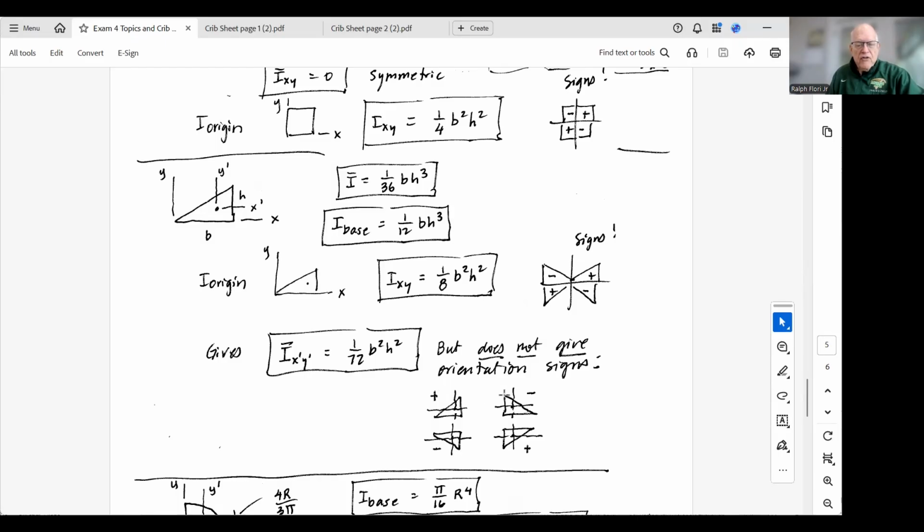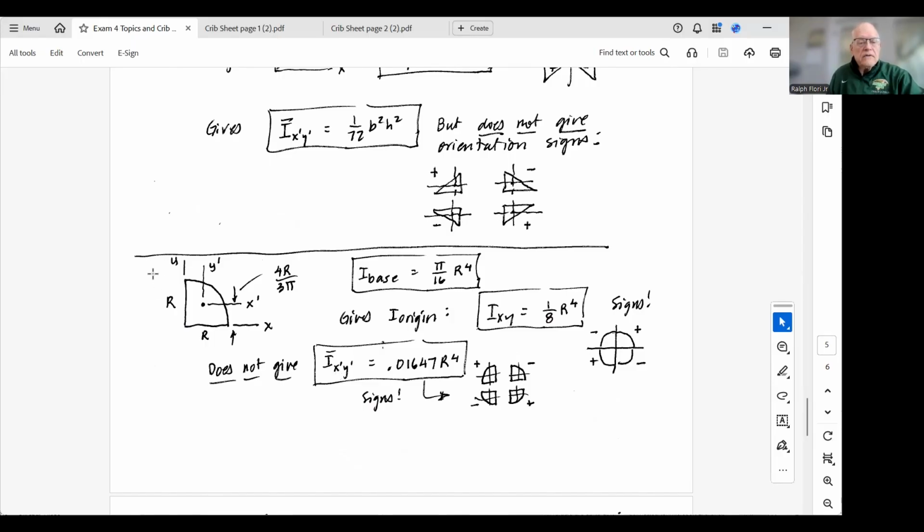But if the right triangle is oriented this way, that's a negative. This way is a positive, and this way is a negative. Remember, these are not quadrants. These are orientations of those right triangles. And so these are all their I bar XYs about their centroidal axis. But again, these will take on different signs depending on the orientation of the right triangles. He doesn't give those to you.